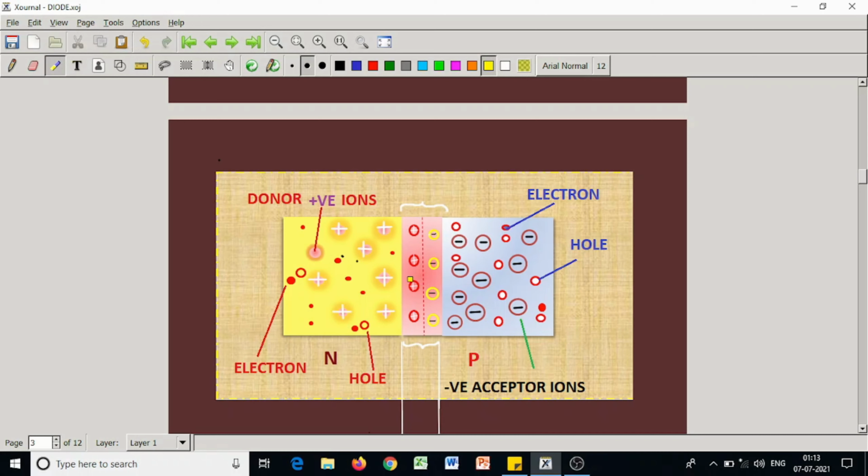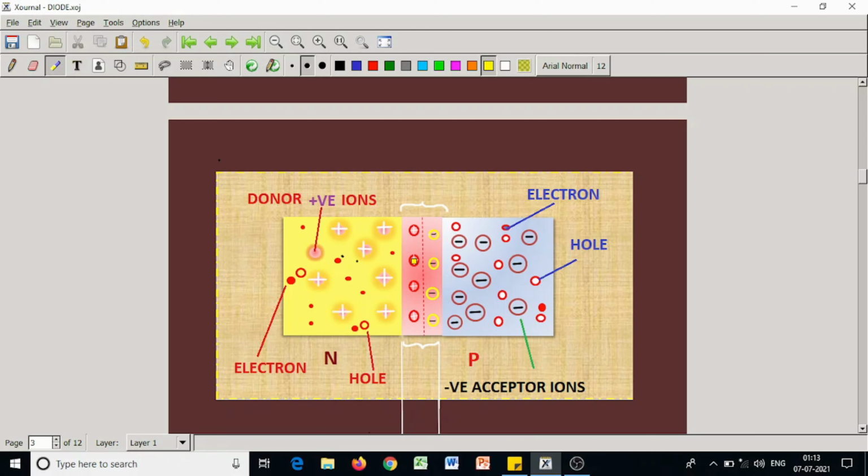these positive charges repulse the flow of holes, and these negative charges repulse the flow of electrons. So this region is depleted of any mobile charge.